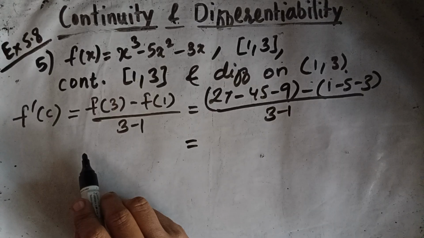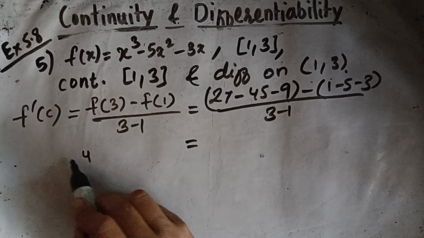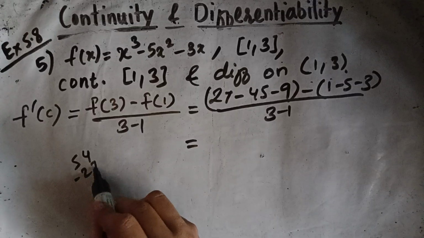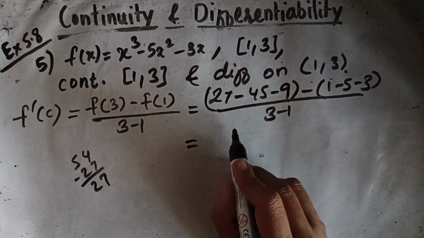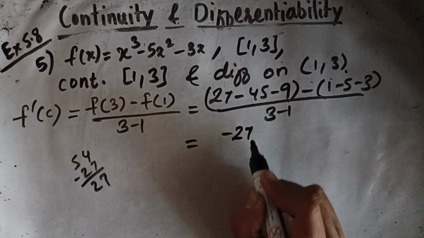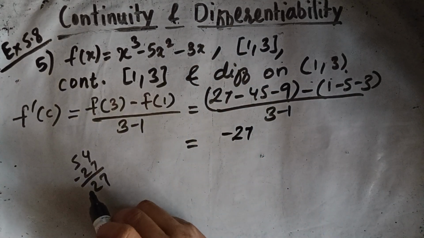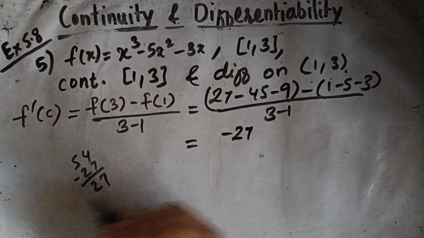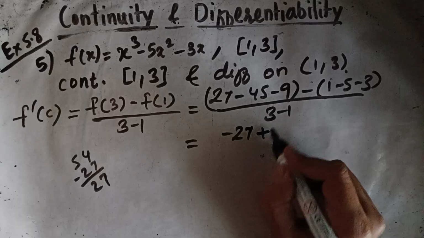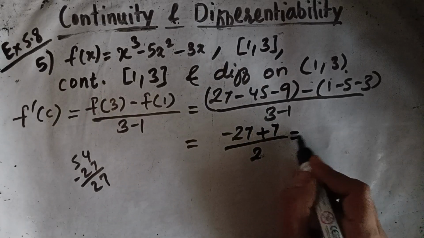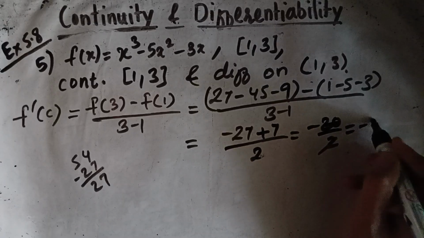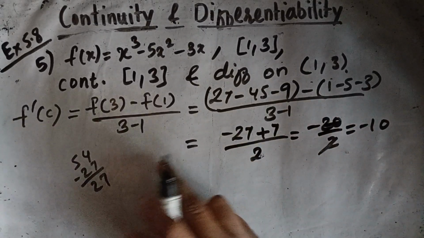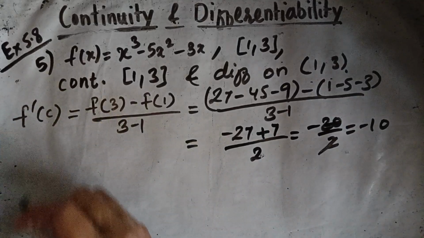So this will be 27 minus 27, 8 minus 1 7, minus 20 upon 2, so minus 10. Okay, this is our f'(c).